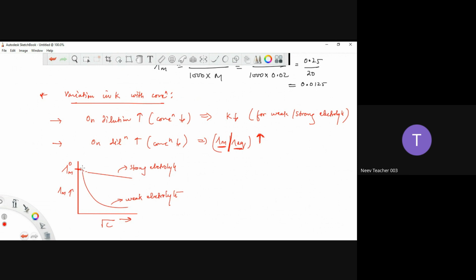However much you extrapolate this graph, it will not intersect. Since we cannot calculate lambda m naught experimentally for a weak electrolyte, we use Kohlrausch law, which is basically used to calculate lambda m naught for a weak electrolyte.